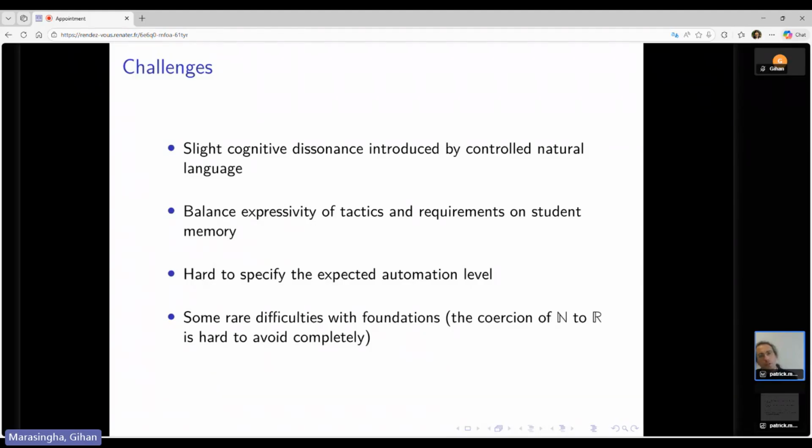A deeper challenge is this story of balancing the expressivity of tactics and the requirements on student memory. What does it mean, expressivity of tactics? Once you start writing those controlled natural language proofs, it's very tempting to want those proofs to be as nice as possible and as close to paper as possible.